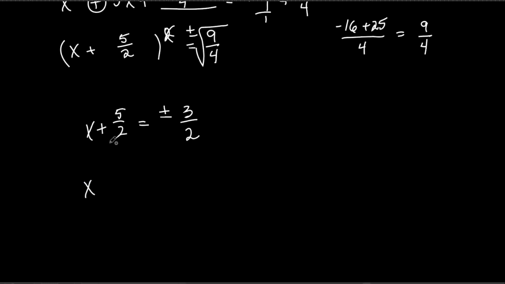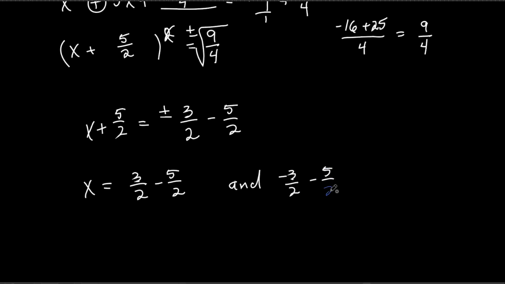All right, so that'll cancel out. I'm not going to show it. And then what do I do over here? I got to subtract a 5 over 2 from this. We're almost done. Hang on. Just give me a second. Mr. Rao won't mind. So watch. I got two things here. I got a positive 3 over 2 minus 5 over 2. And I also have a negative 3 over 2 minus 5 over 2.